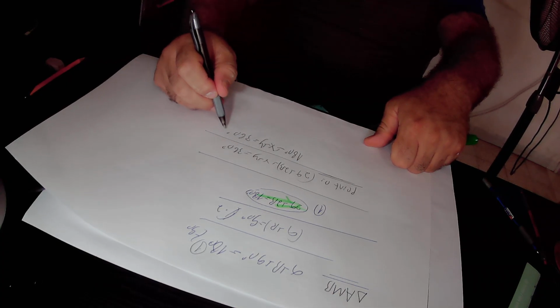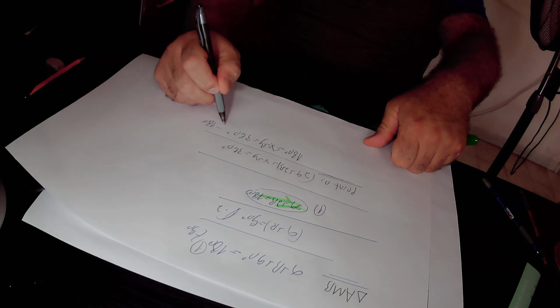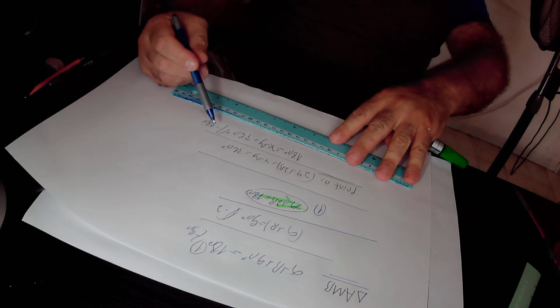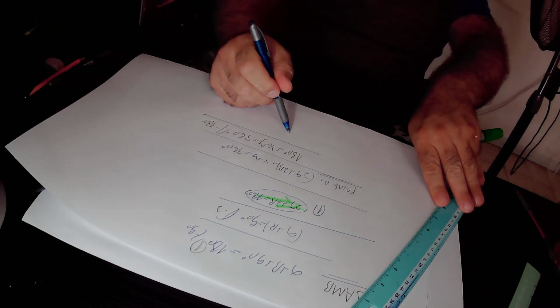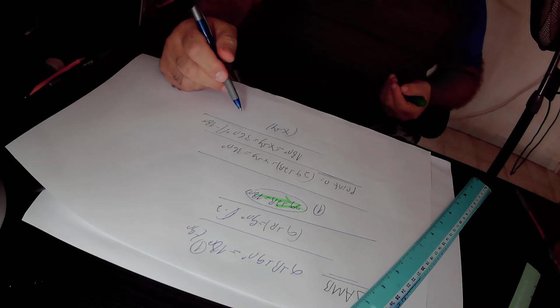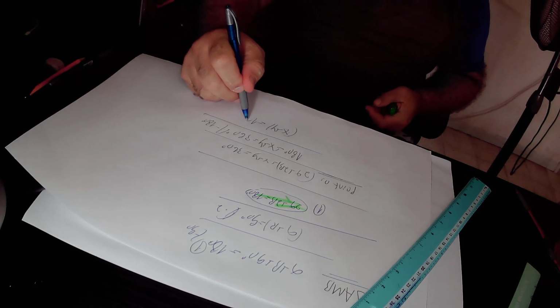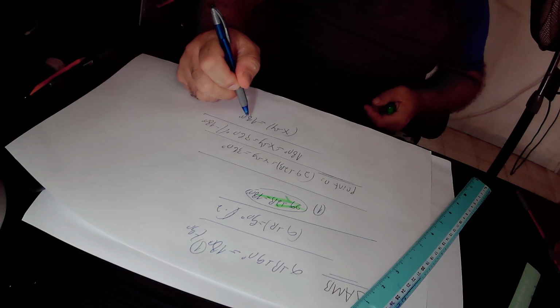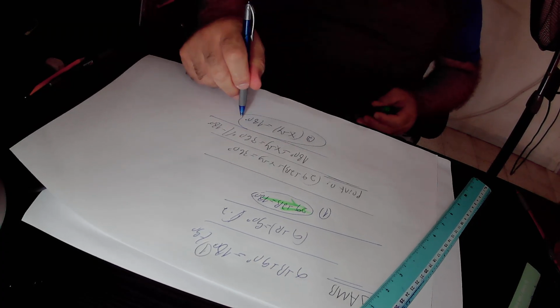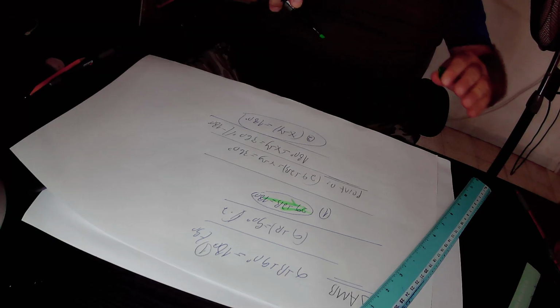Here we subtract 180 degrees from both sides, and we get that x plus y equals 360 degrees minus 180 degrees, which is 180 degrees. So x plus y equals 180 degrees. This will be equation 2.